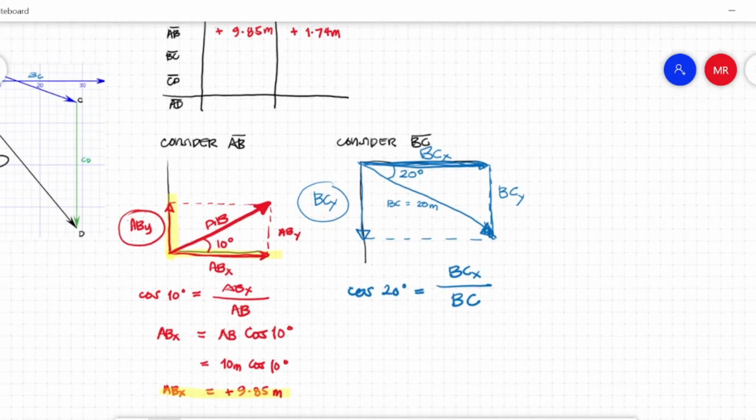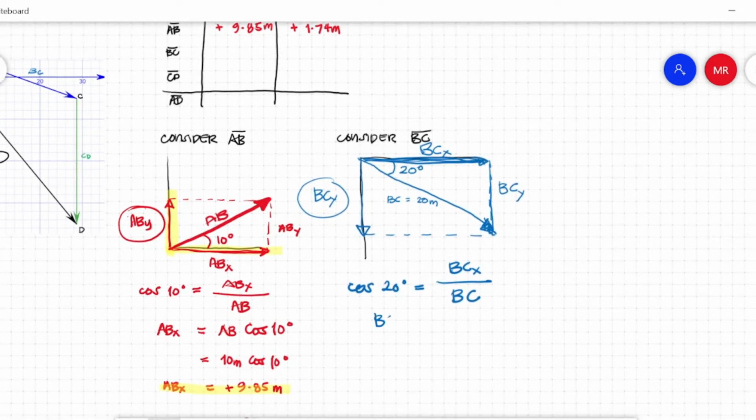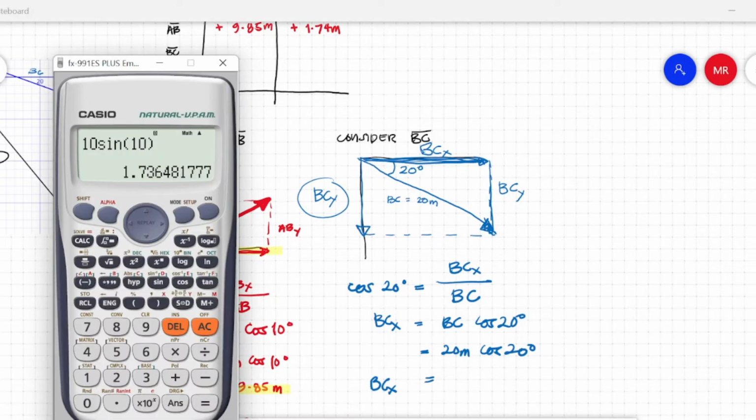Again, cross multiplying, we have BCX equal to BC cosine 20 degrees. BC is 20 meters times cosine 20 degrees. BCX is equal to 20 cosine 20, which is 18.79 meters.